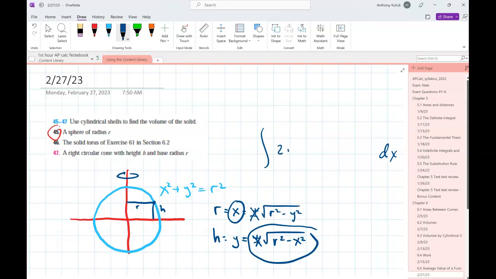So we have 2 pi, and then r is x, and then my height is the square root of r squared minus x squared. And we'll be integrating this from 0 to r.